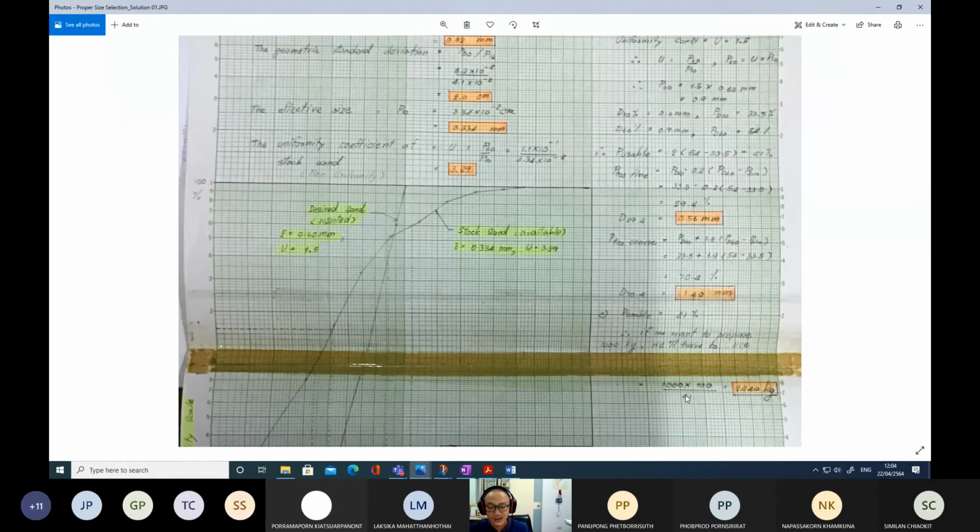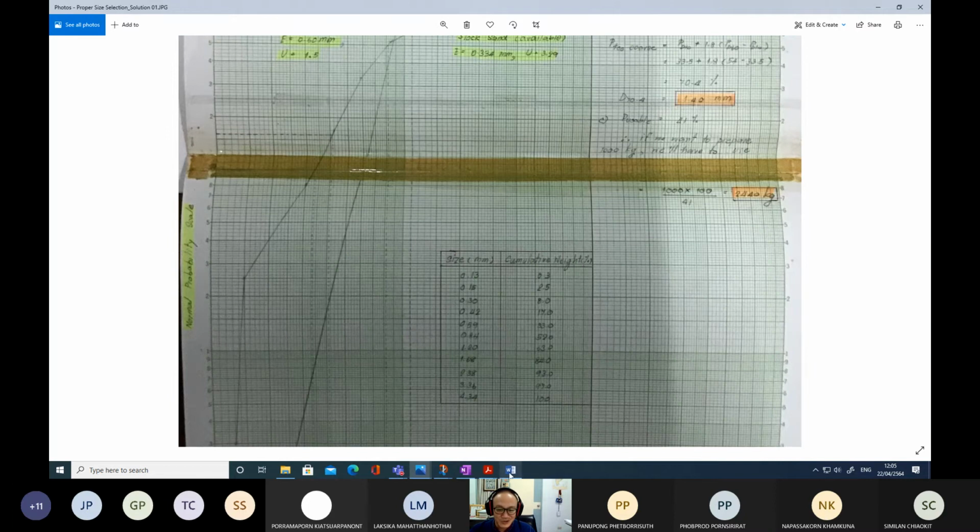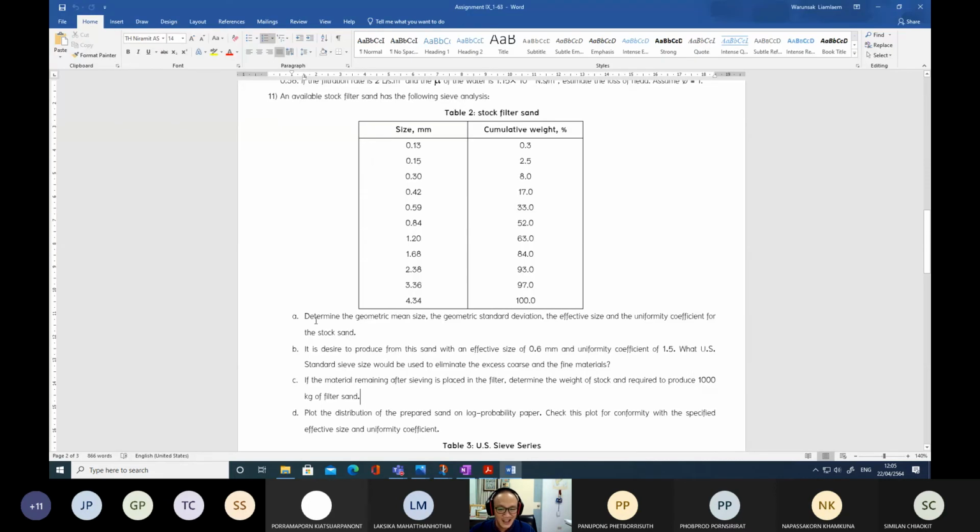P usable: if we want 1,000 kilograms, but only 41% is usable, so how many kilograms of the natural sands are required? It is required approximately 2440 kilograms. Okay, so this is the answer to questions A, B, and probably C.